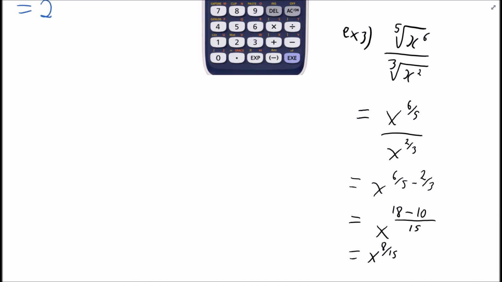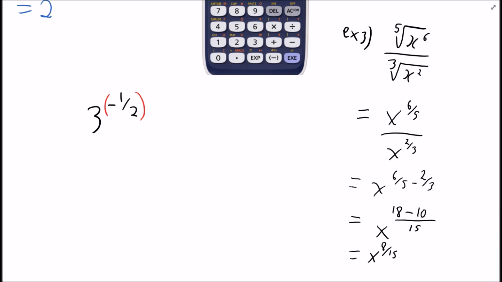The only other thing I'd like to say is if you want to enter in a fractional exponent on the calculator, it's really good to use brackets. So for example, let's say I wanted to know what 3 to the negative 1/2 is. Since that's up there, I like to think of it as actually having a bracket around it.